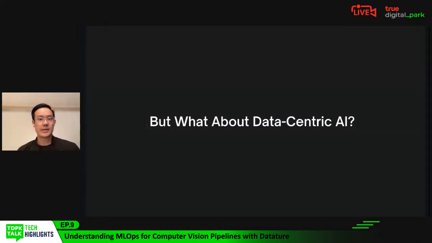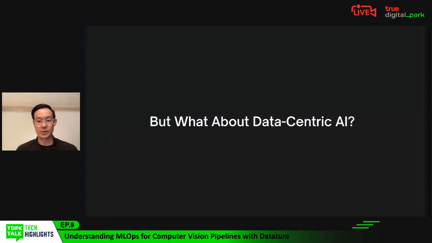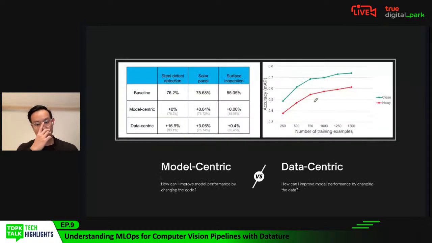But another key term you hear about is data-centric AI. A lot of us have moved away from, remember this diagram, images and tons of code to optimize the model. That is called a model-centric approach. But what about a data-centric approach? Let's take a look. For a while, people thought that just improving the models, finding the best state-of-the-art ones from Kaggle, from GitHub, from Reddit, wherever people get the latest news these days, would be the way to improve their performance.